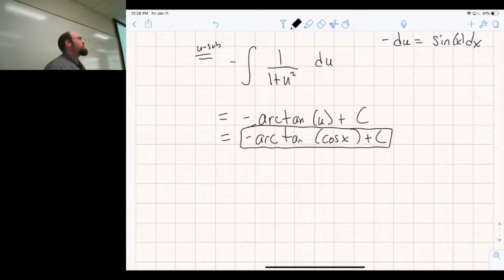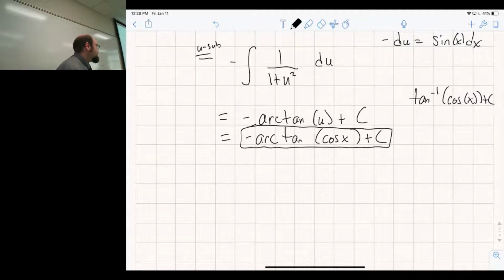I've had students in the past ask, wait, Mr. Smith, can I write this as tangent inverse of cosine x plus c? And the answer is absolutely. I don't like that notation personally, but we all have our opinions, and my mathematical opinion is that it is terrible notation.